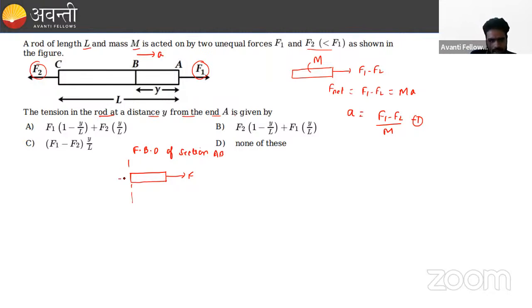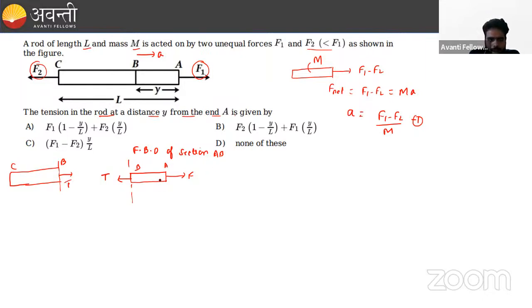So the tension due to this interatomic pulling, which is electromagnetic in nature, let's consider as T. This T force is applied by the CB portion of the rod. This section pulls this section in this manner, and the same amount of force is applied by section AB at point B, by the action reaction law.